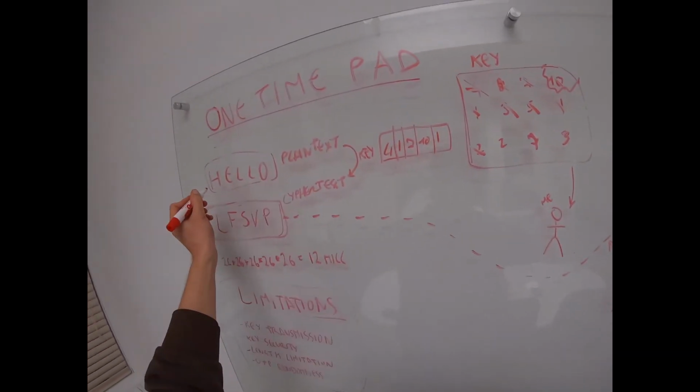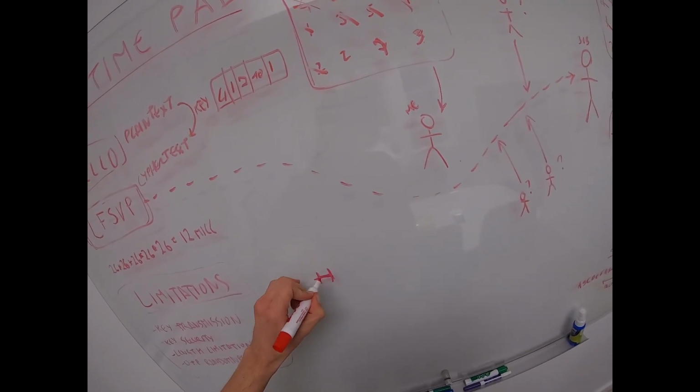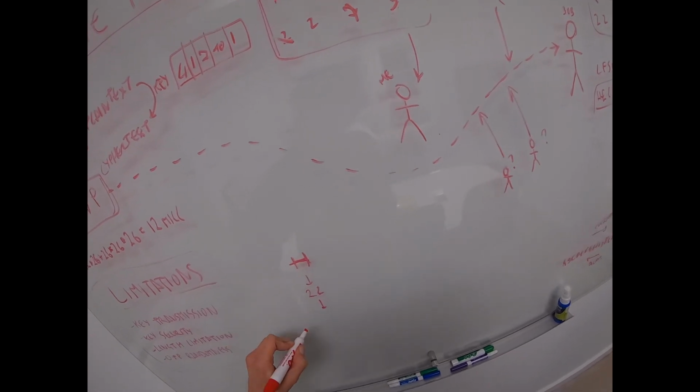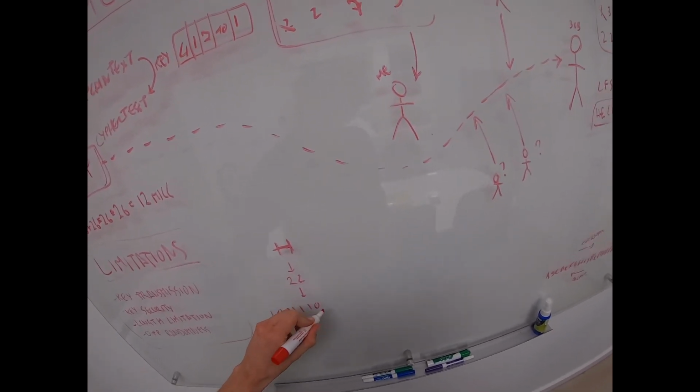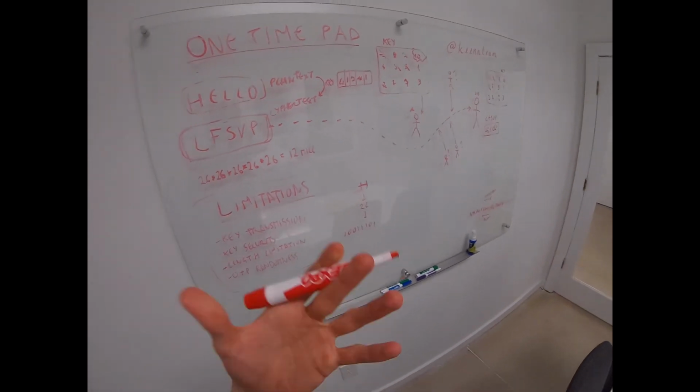So we have hello, and let's say the letter H is an ASCII character number 26, and 26 in binary is 10011110. Guys, I'm too lazy to do the math and check it, but you get my point.